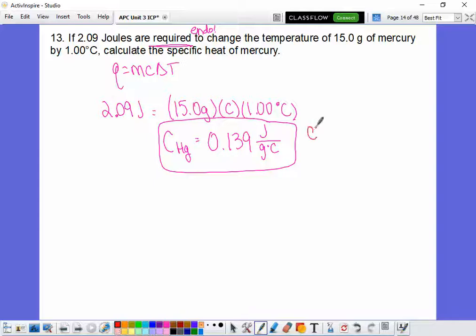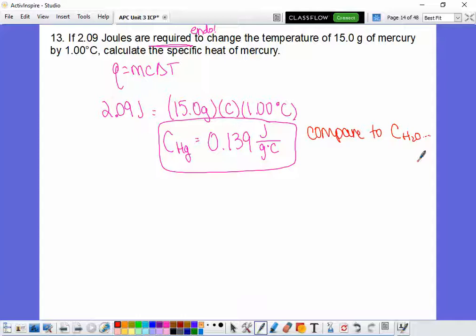Now let's compare that to the specific heat capacity of water. What was the specific heat capacity of water? 4.18, right? Because you already memorized it from the last problem. So 4.18 compared to 0.139.